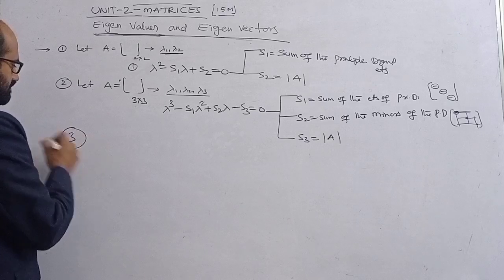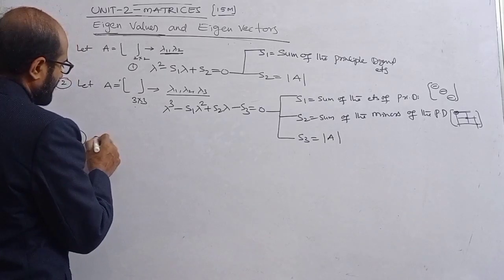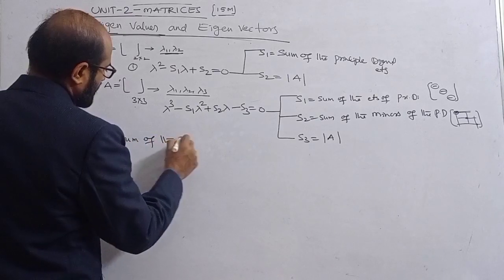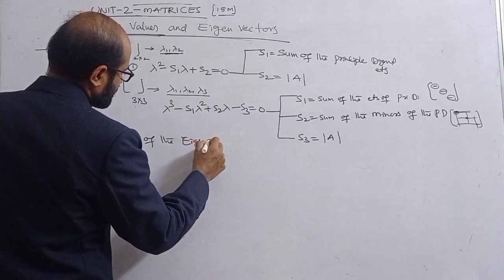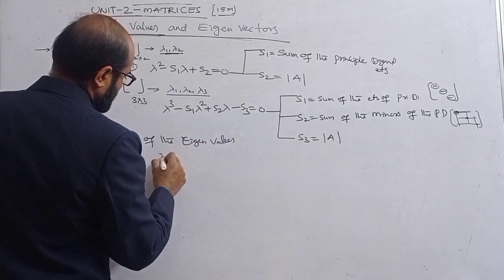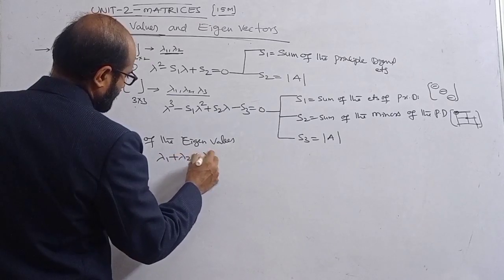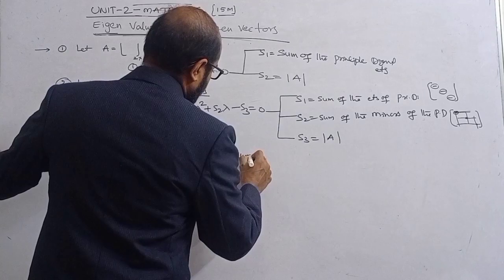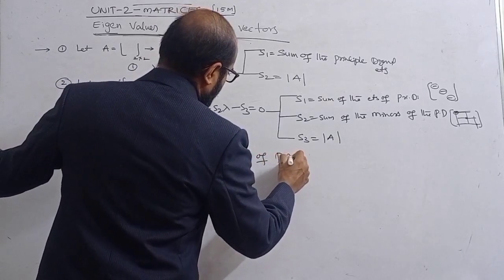Next, third formula: the sum of the eigenvalues, lambda 1 plus lambda 2 plus lambda 3, is nothing but the sum of the principal diagonal elements.